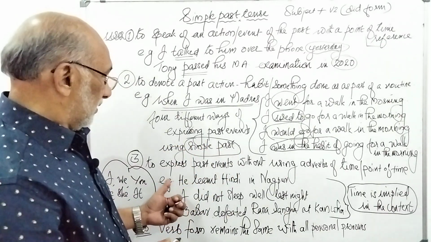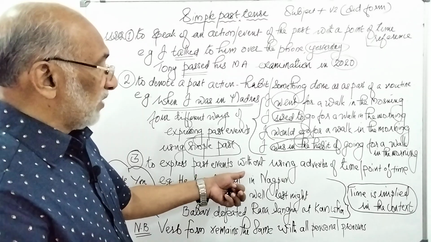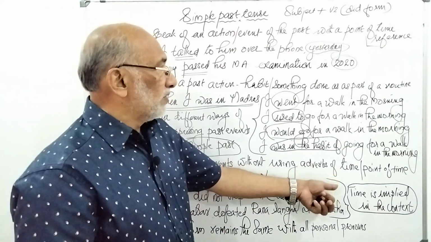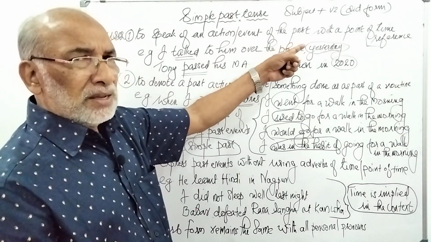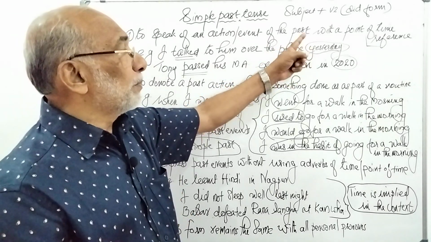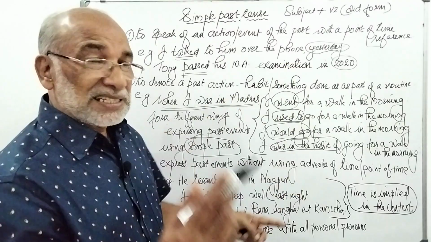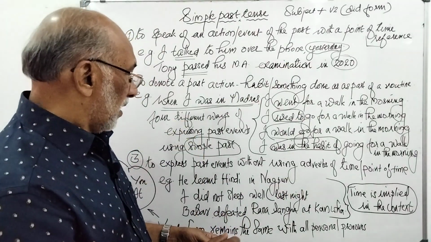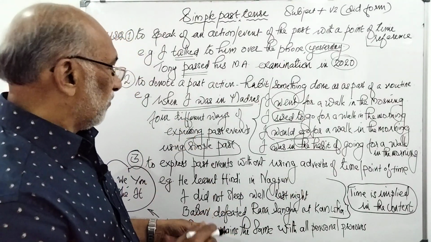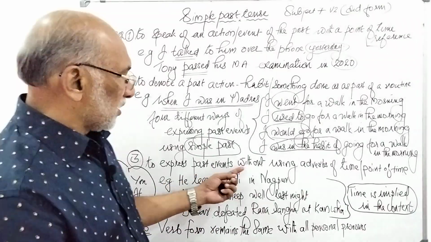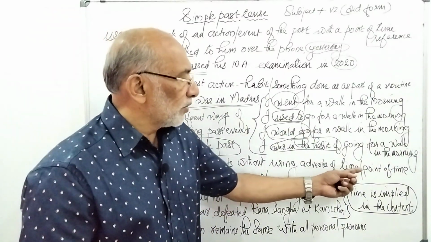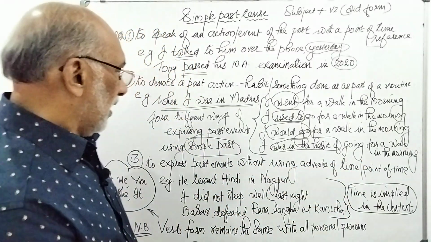And the third one is to express past events without using adverbs of time. In the first case I said, okay, it is always or in almost all the cases there is a point of time reference. But there are certain cases where we can use a simple past tense without a point of time reference. Okay, to express past events without using adverbs of time or point of time reference.